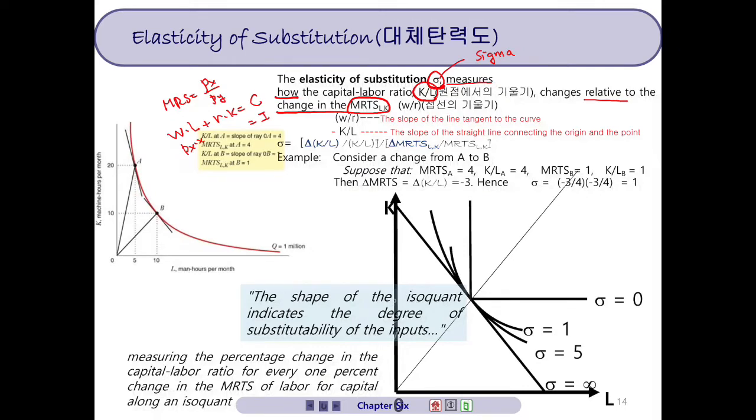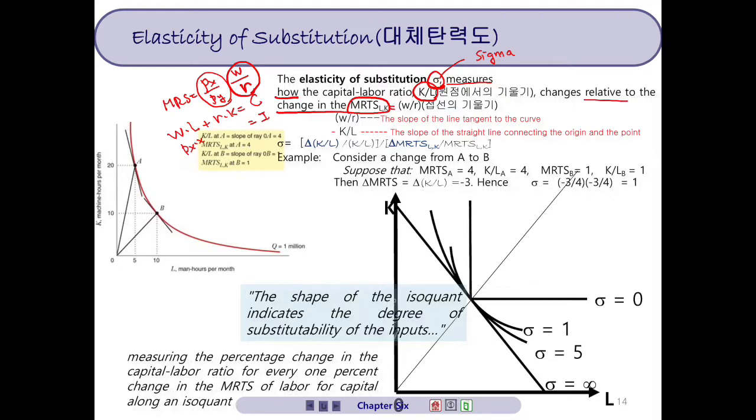For MRTS, like before, we have a price ratio: Px corresponds to the price of labor, and Py corresponds to the price of capital, which is R. So MRTS is set equal to the price ratio of the two inputs, labor and capital.